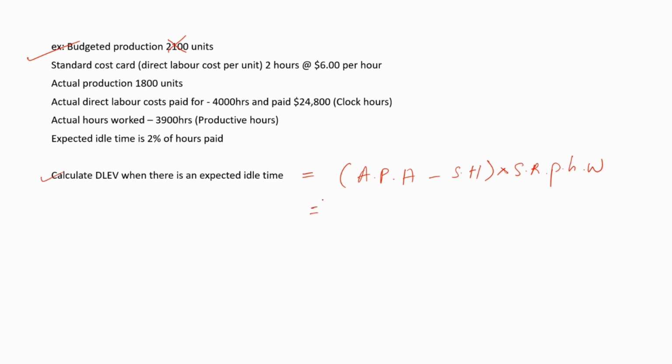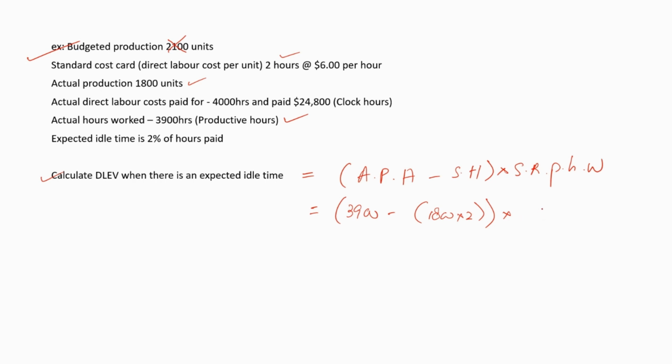The actual productive hours is equal to 3,900. What are the standard hours? Standard hours is equal to 1,800 multiplied by 2, multiplied by standard rate per hour worked.